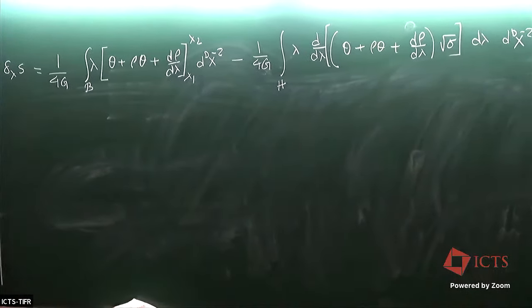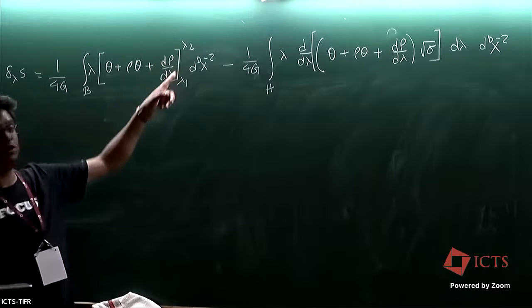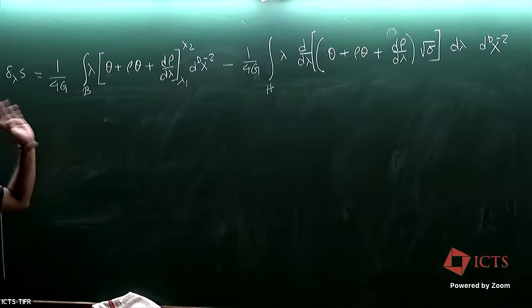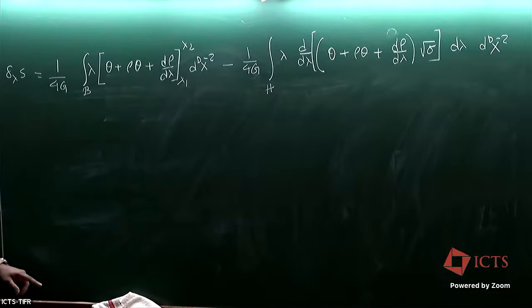Is that clear what I did? The first thing is dλ. If I integrate from lambda 1 to lambda 2, I get this entire thing evaluated at lambda. The integral of dλ gives me lambda. So I evaluate everything at lambda 2 and lambda 1, only on the cross sections of the horizon. Where is the square root?